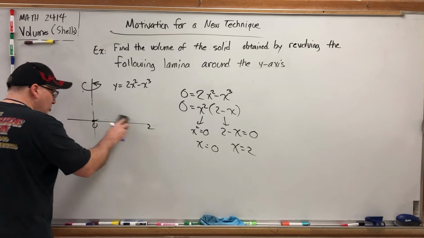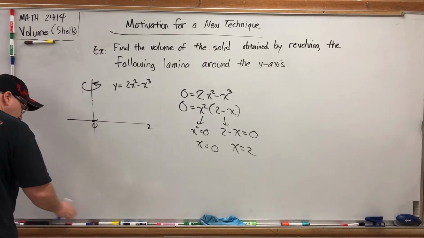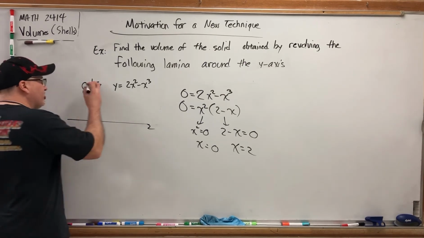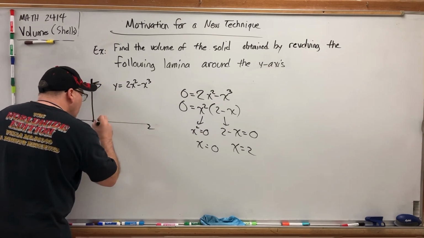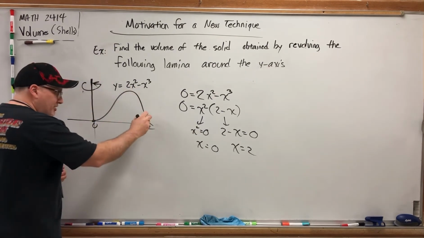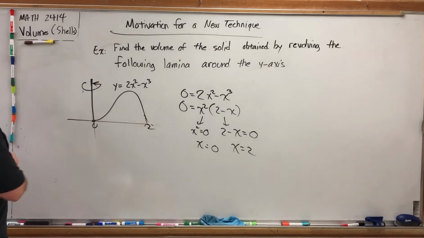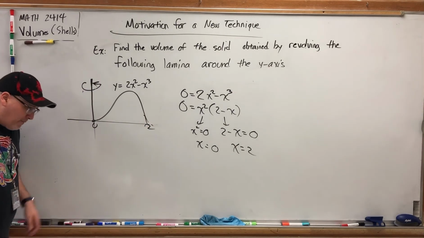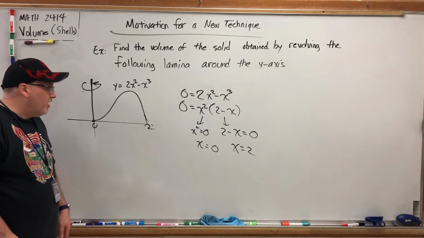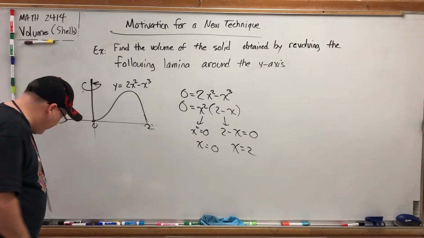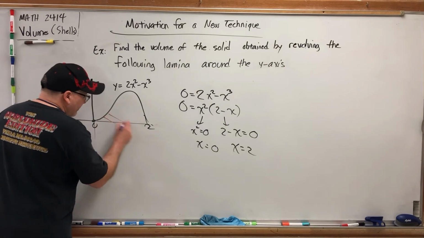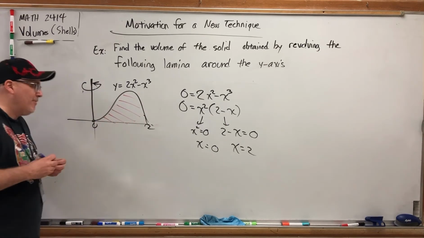So how can we do it then, if we can't do it using a cross-section, a cut that is perpendicular to the axis of rotation? Well, maybe we need to cut this differently. When I say cut it, I mean cut the solid.